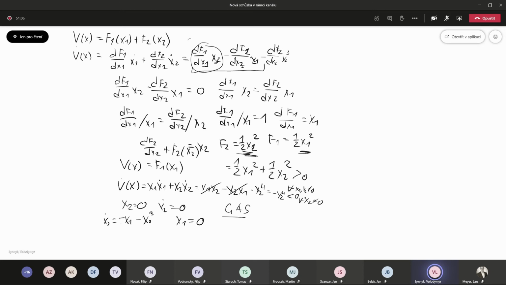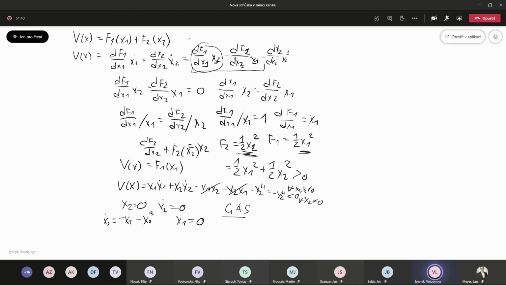Okay, let's come back to our first example, where we tried three different Lyapunov functions. Now we try to apply this method for searching the Lyapunov function.